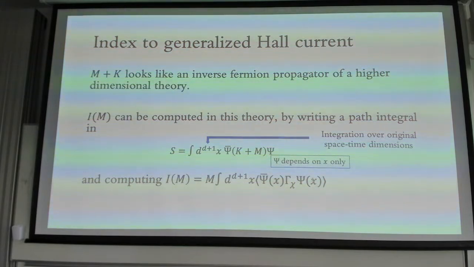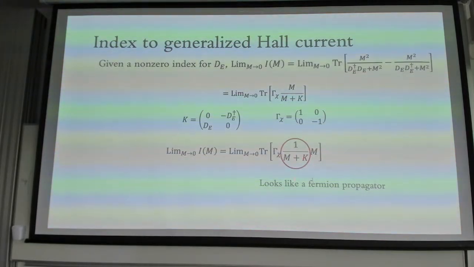So K plus M is my fermion propagator. And I compute the trace of this psi bar gamma chi psi. So when I contract psi bar, I get the corresponding fermion propagator there. So that just equals this quantity, without taking M to 0 yet.